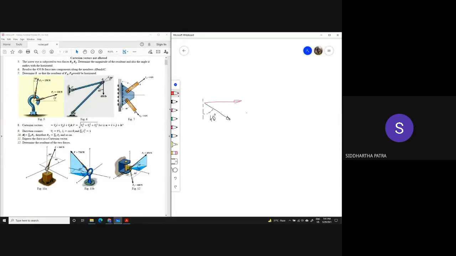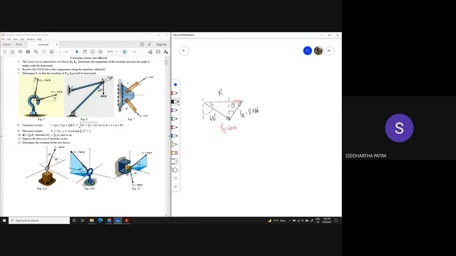So we know the value of FB is 6 kilonewton and FA should be 8 kilonewton. Sir, answer is coming 54.97 degrees. Okay, so this is the angle theta that we are talking about, and then this is the resultant.